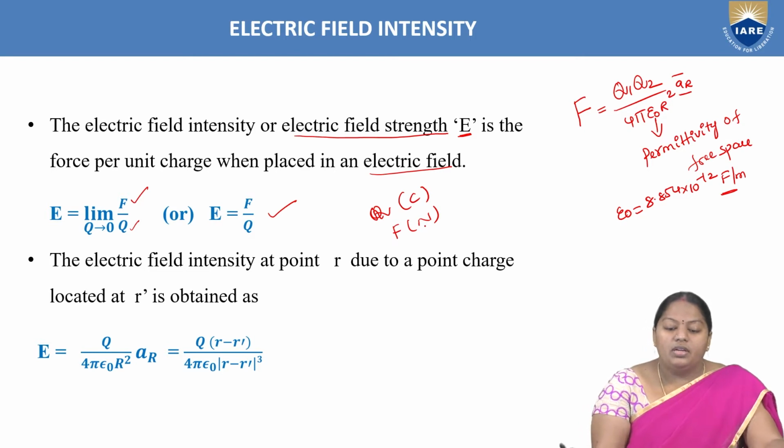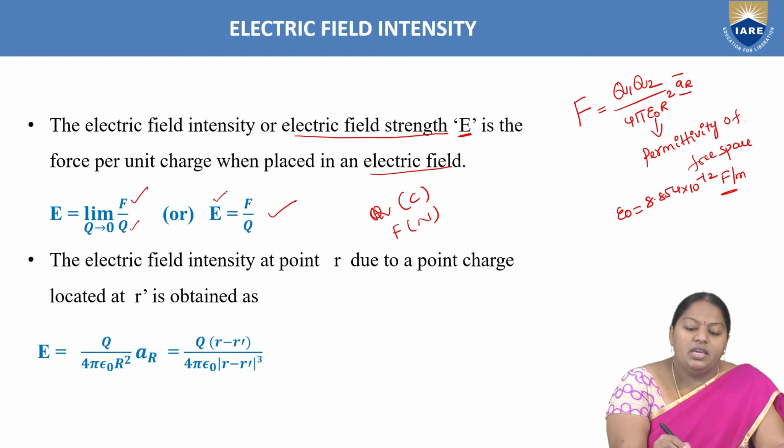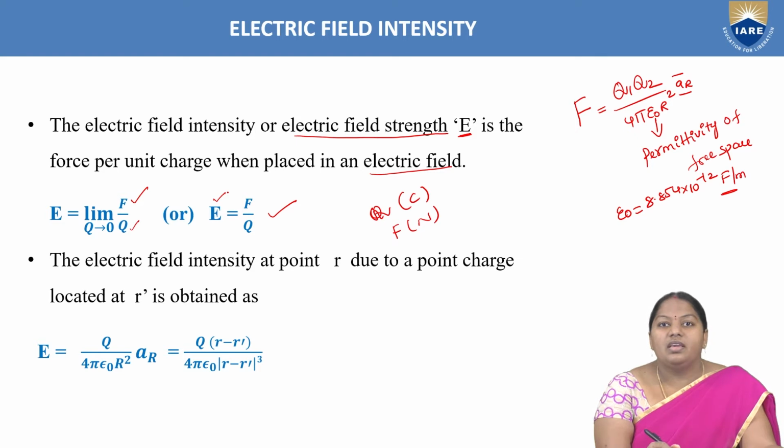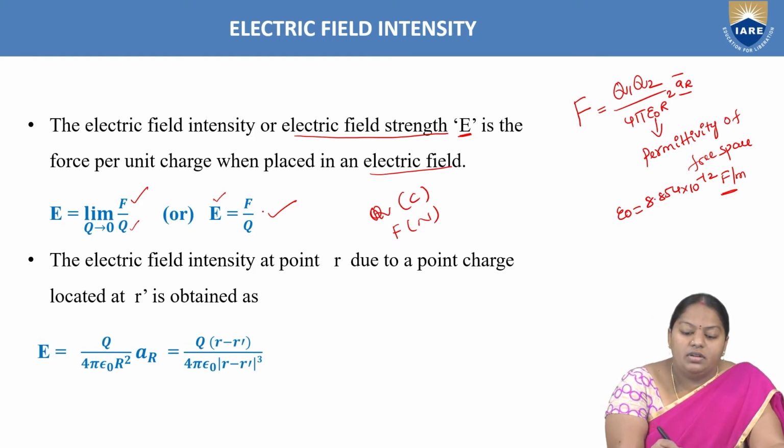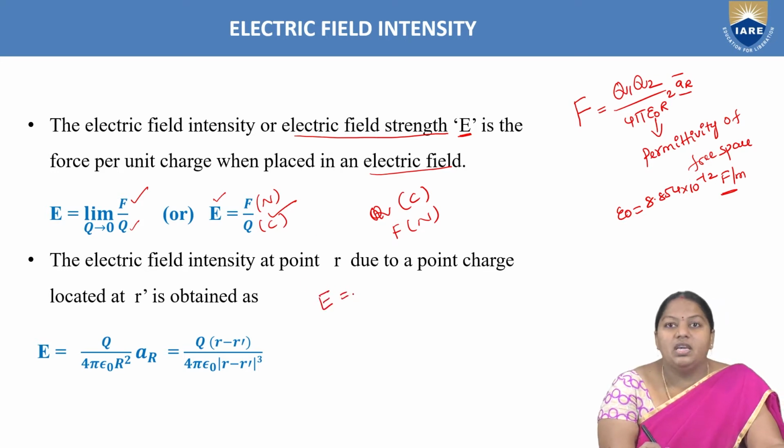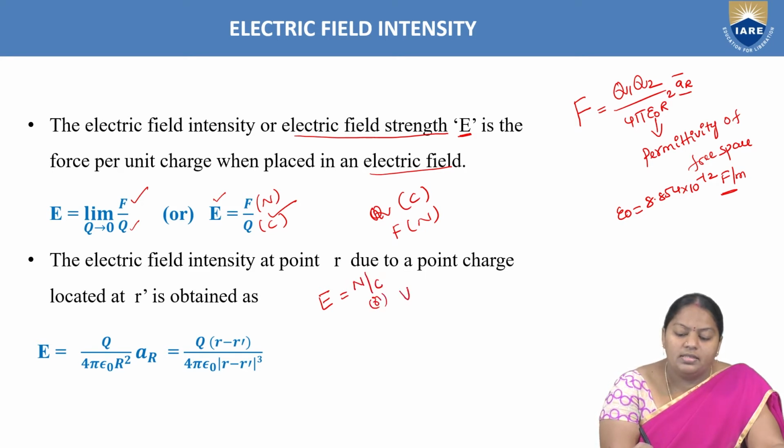So according to the definition, the electric field intensity E or electric field strength E is E equal to F by Q, where F is measured in newtons and Q in coulombs. According to that, the unit for electric field intensity E is newton per coulomb, and it is also measured as volts per meter.